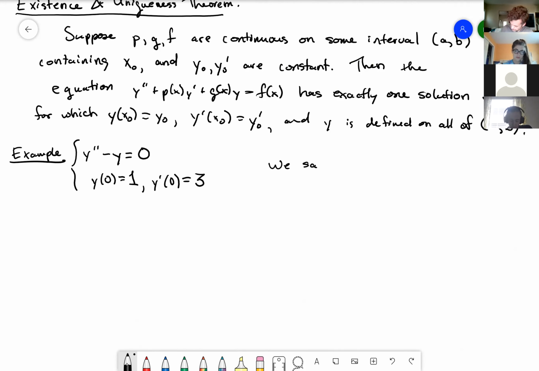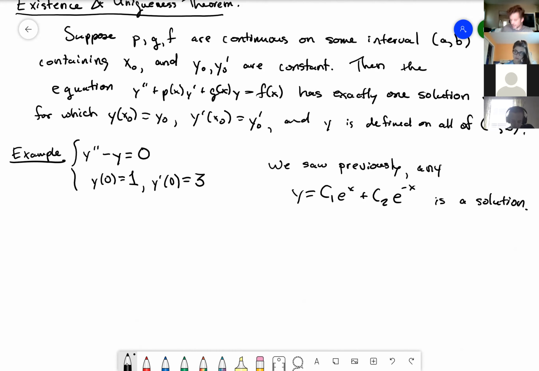As we saw previously, any y equals c1 e to the x plus c2 e to the minus x is a solution. So let's try to get our solution from this superposition, see if it works.